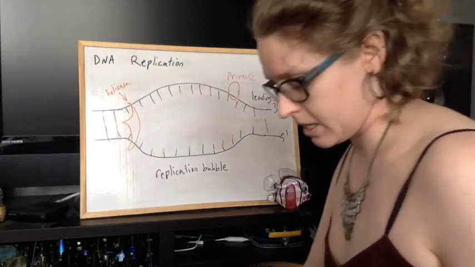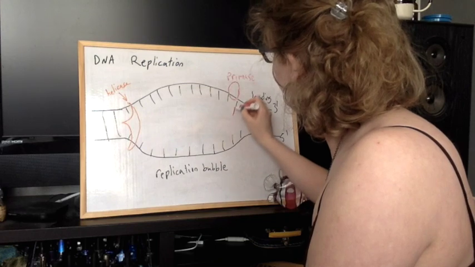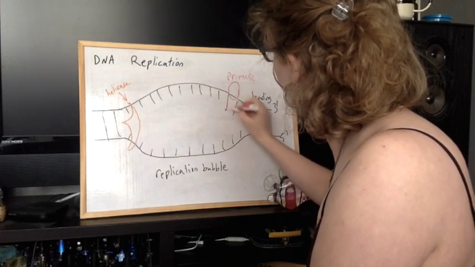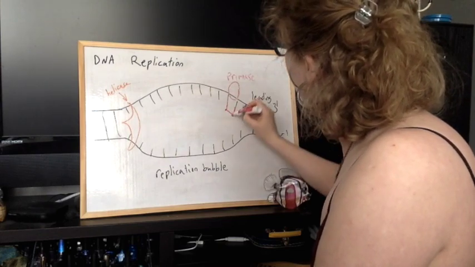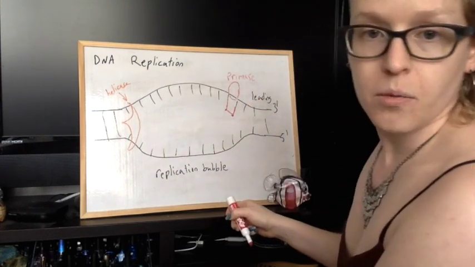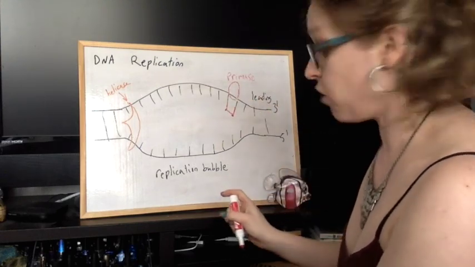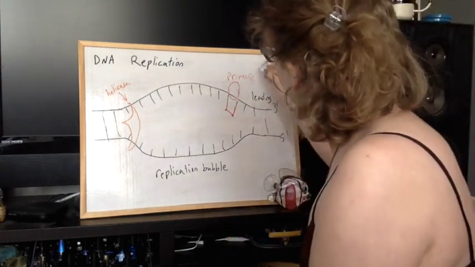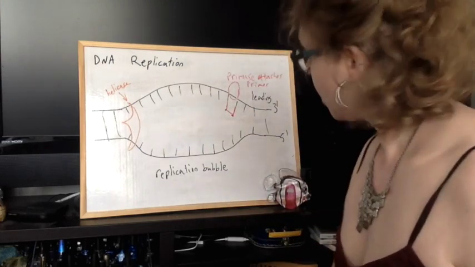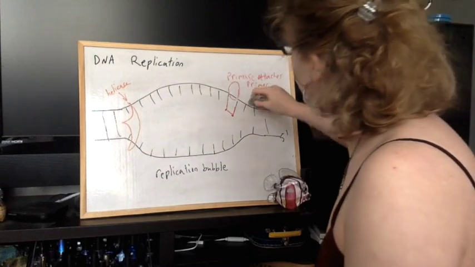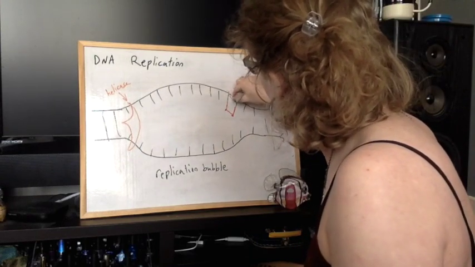That's primase. And primase attaches a primer, which is a 5 to 10 base stretch of RNA that is compatible with this stretch of DNA. That's the primer. Once the primer is attached, primase dissociates because it has better things to do.